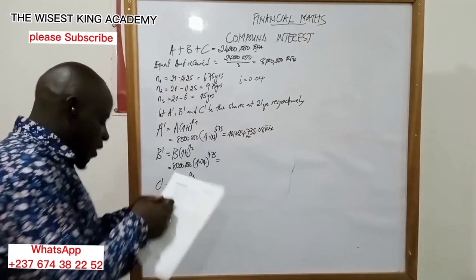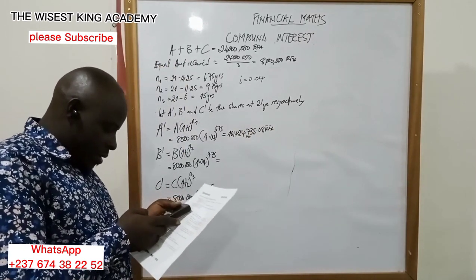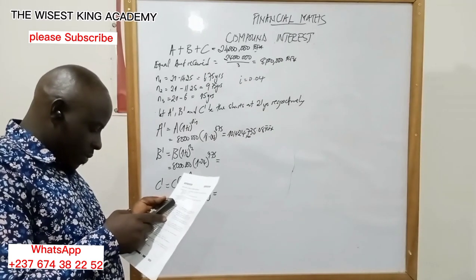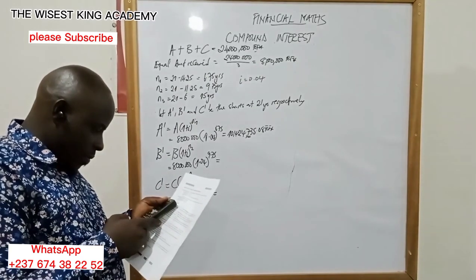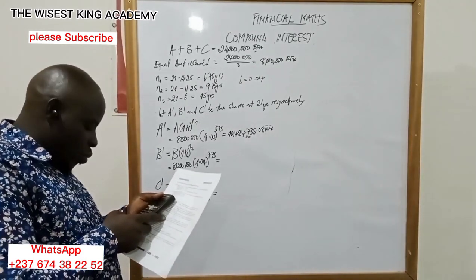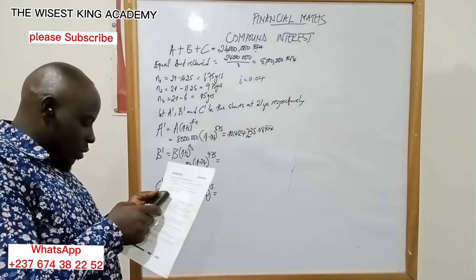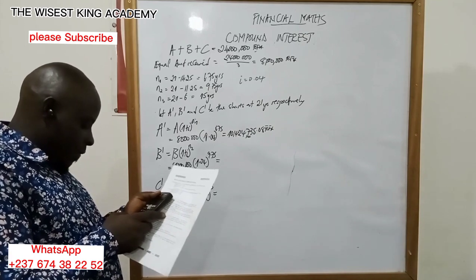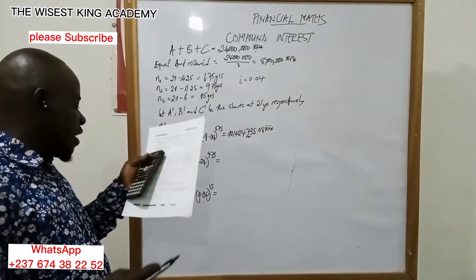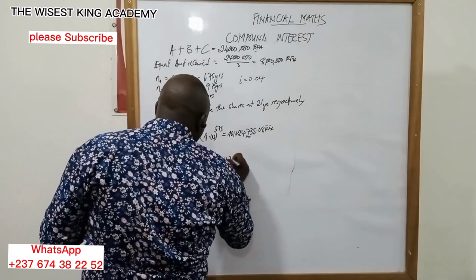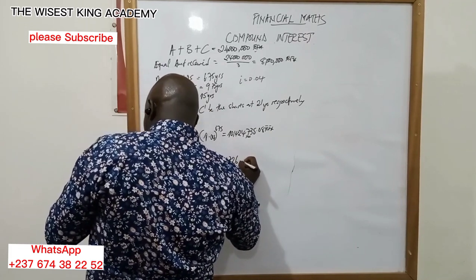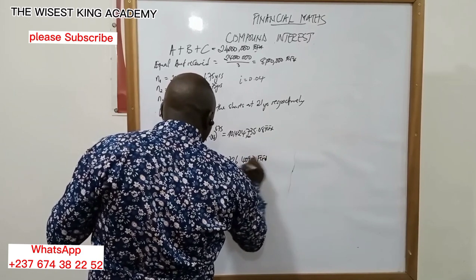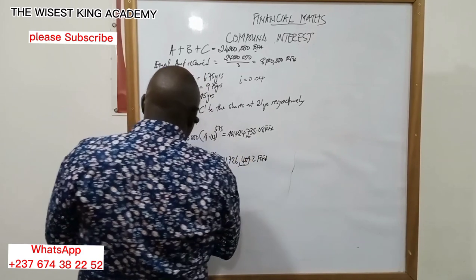The second child will receive 8 million times 1.04 raised to the power 9.75, which equals 11,726,409.2 francs CFA. This is what the second child received at 21.